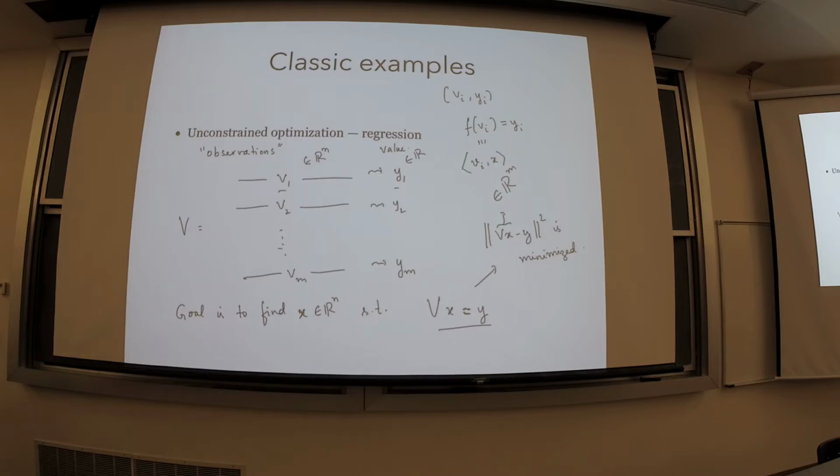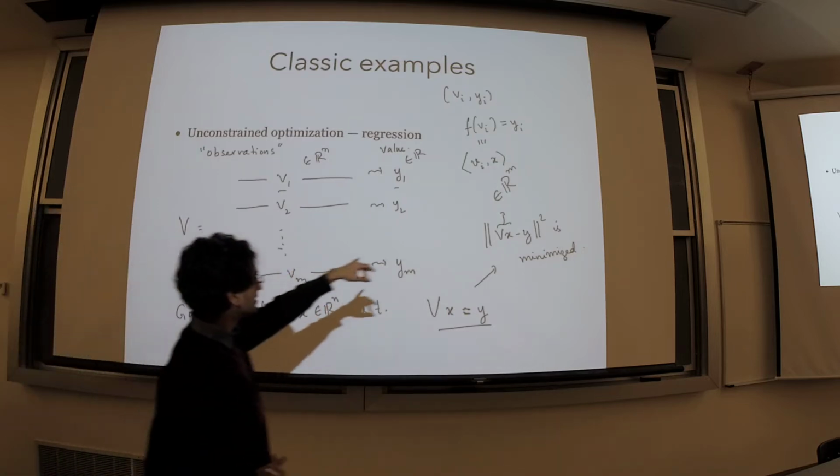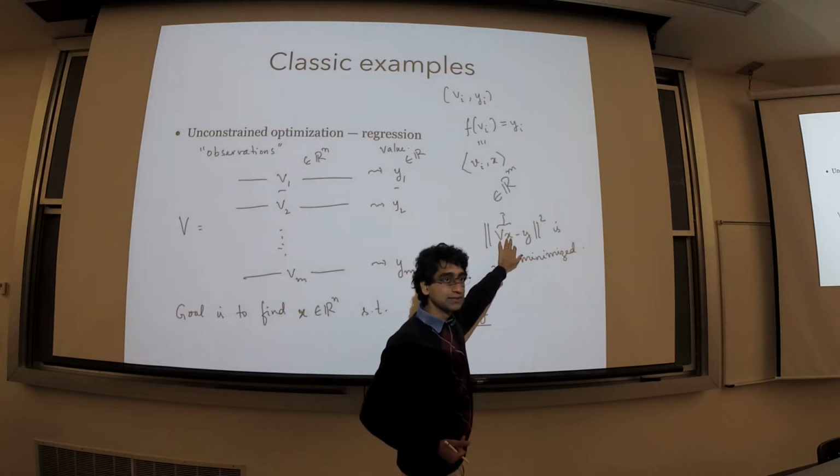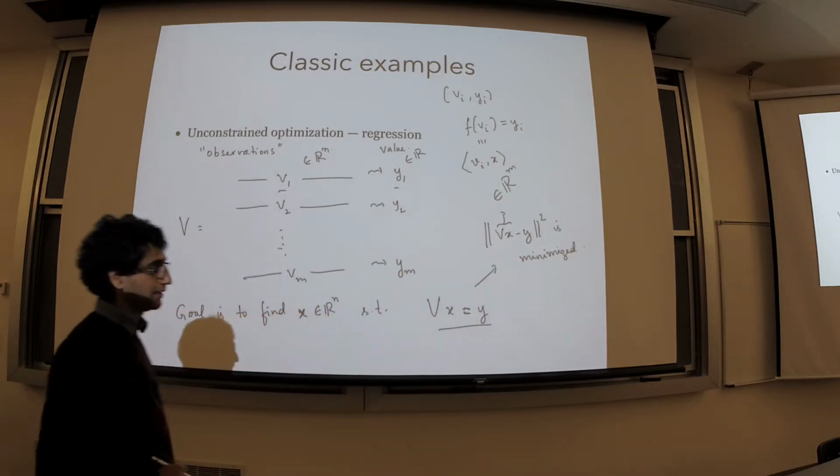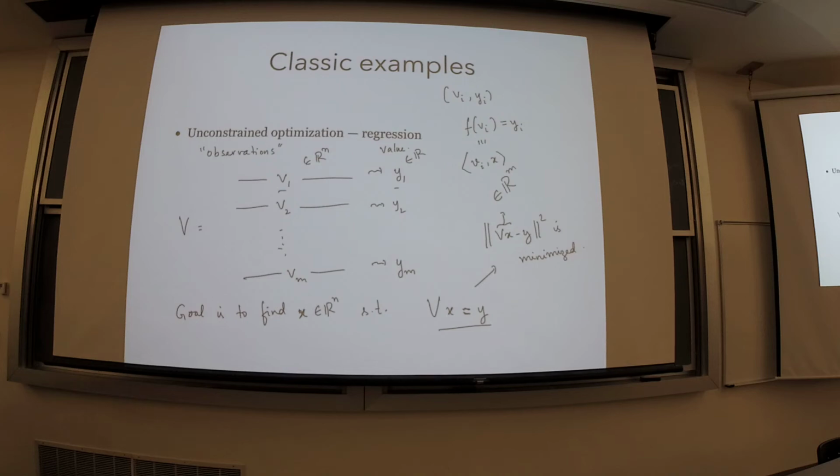And why is this optimization? This is optimization because this is now the function that you would like to minimize. This is a well-defined objective function, and it's an unconstrained optimization problem because I don't have any constraints on my variables x. So the variables here are x, i going from 1 to n.